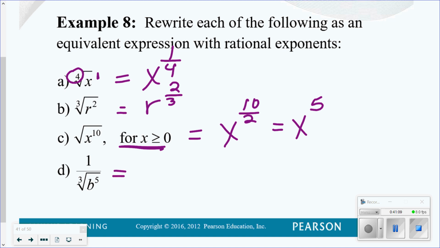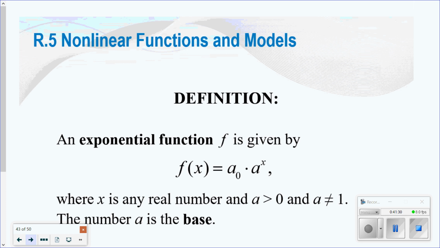And then finally, this one is 1/b to the 5/3, which equals, I don't want it in a fraction anymore, so that is b to the negative 5/3. Okay, you need to get comfortable with being able to rewrite those rational exponents.